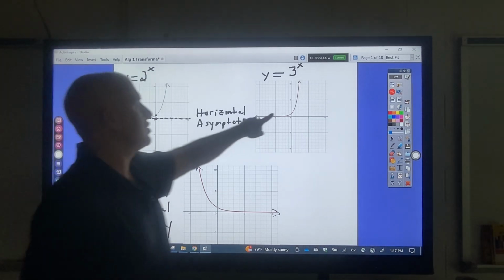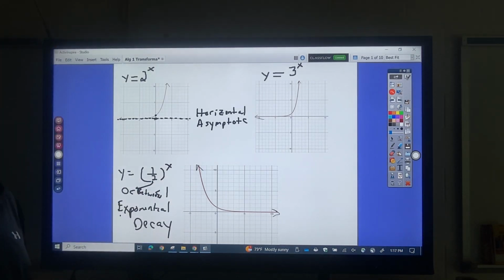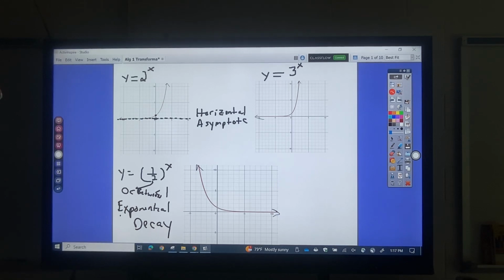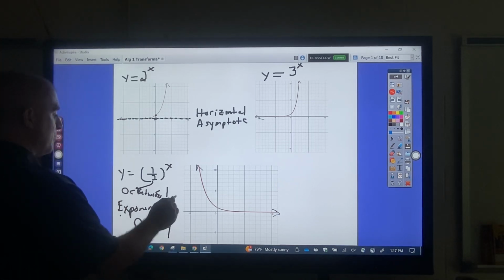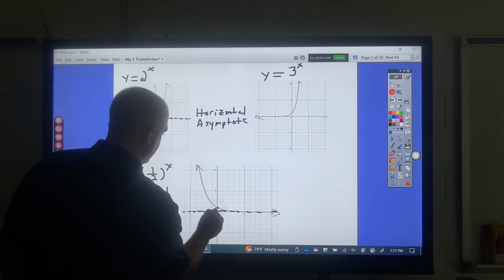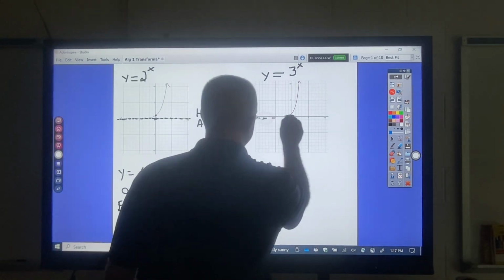The growth kind of function you'll see in investments, and sadly in things like viruses, which sometimes grow exponentially. But just like that, they also have a horizontal asymptote, and that goes this way. Same thing here, horizontal asymptote.